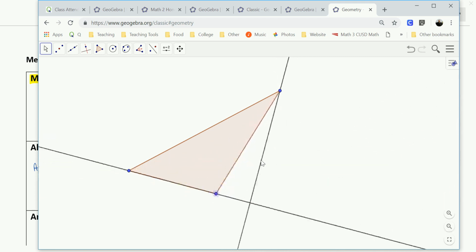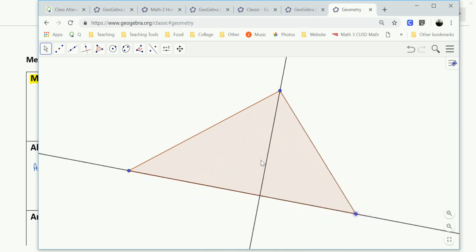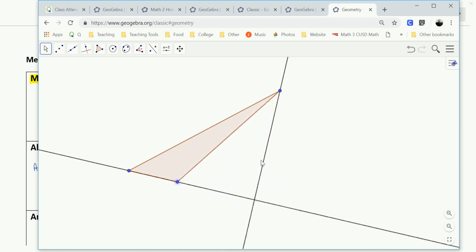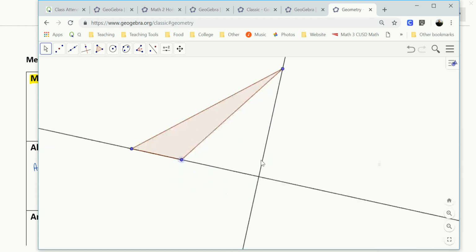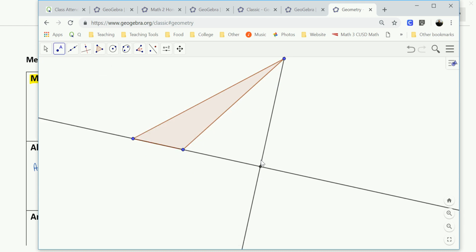And one of them will always go through the base. And so I can work with that for our altitude. So the next thing I'm going to need is a point at the intersection of those two lines.